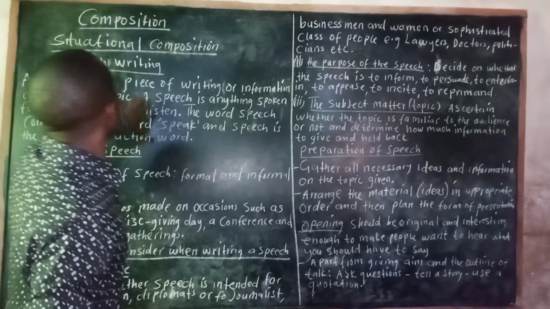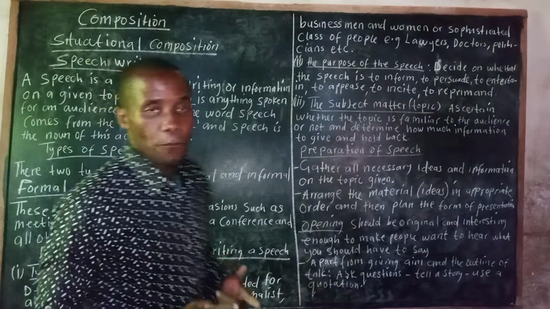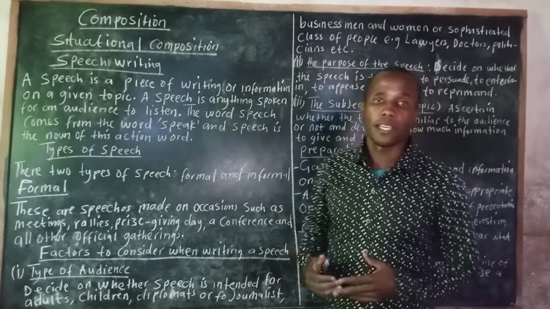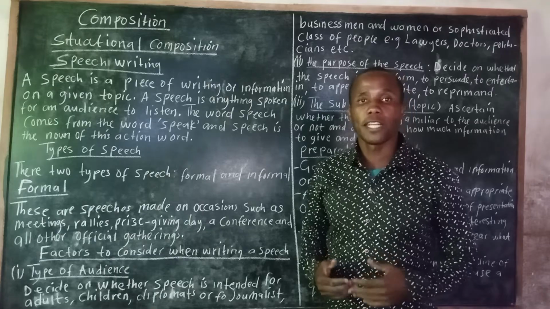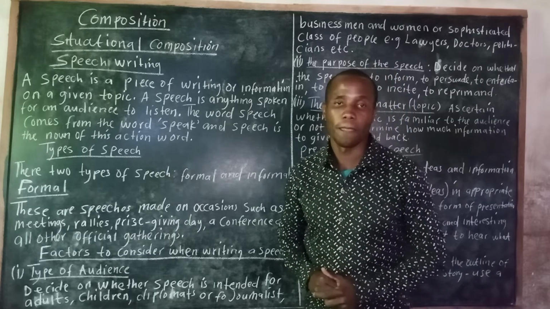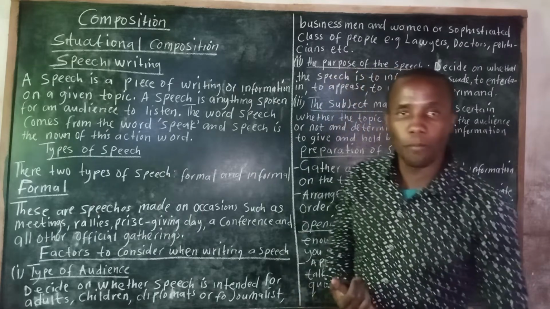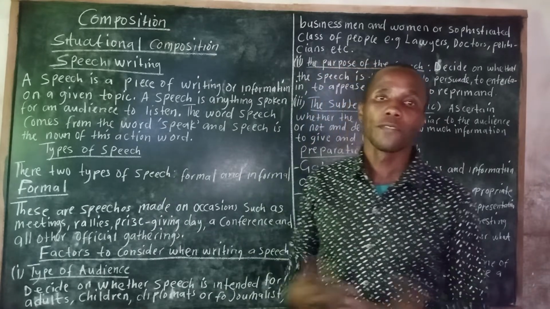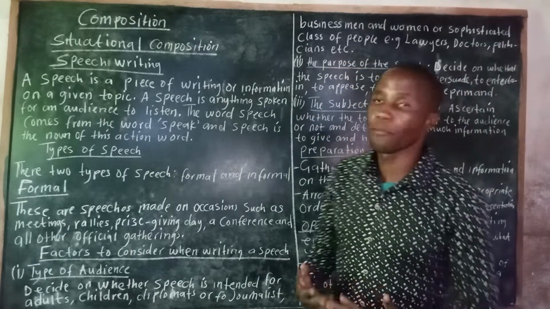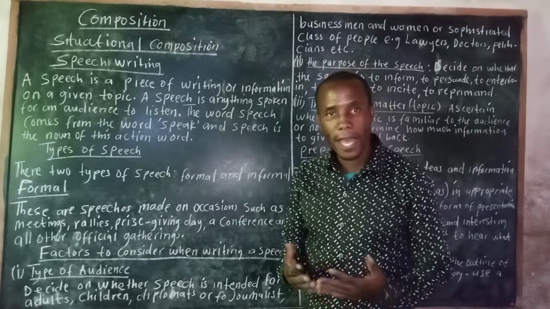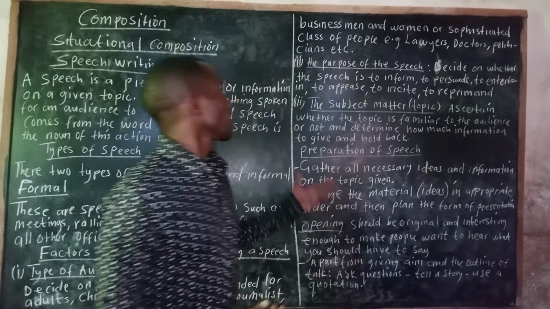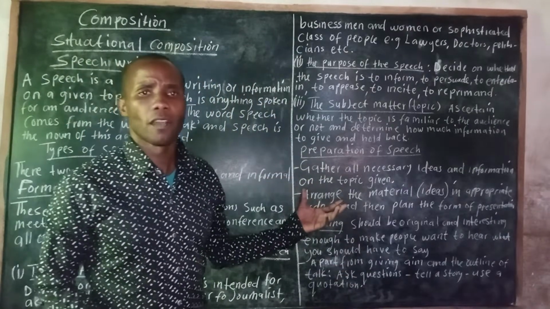Okay, so as you may be aware, in an examination, the way it is set, we have two different compositions. We have the freestyle composition and the situational composition. Freestyle composition is a type of composition where you are given options. You'll be given about 3 or 4 questions.